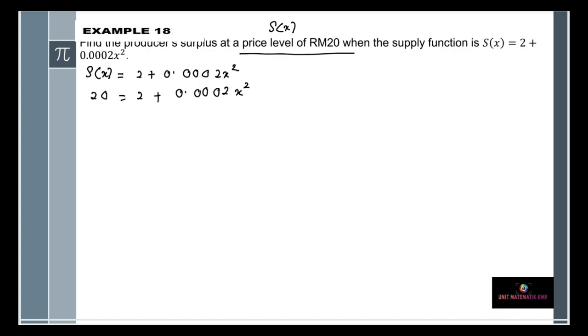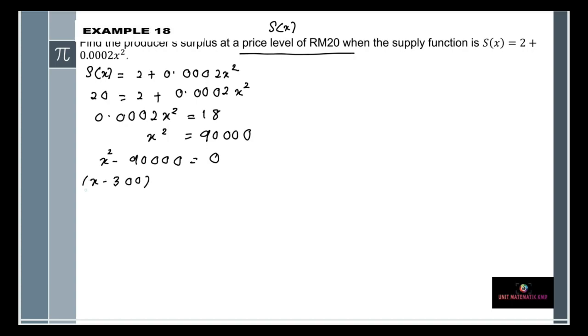We simplify this one first. We have 0.0002x squared equals 18. Simplify this one, I should have x squared equals 90,000. So x squared minus 90,000 equals 0, so x minus 300, x plus 300 equals 0.